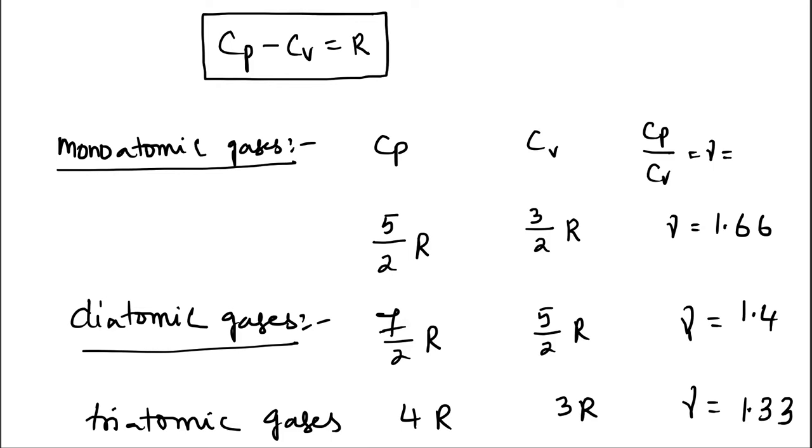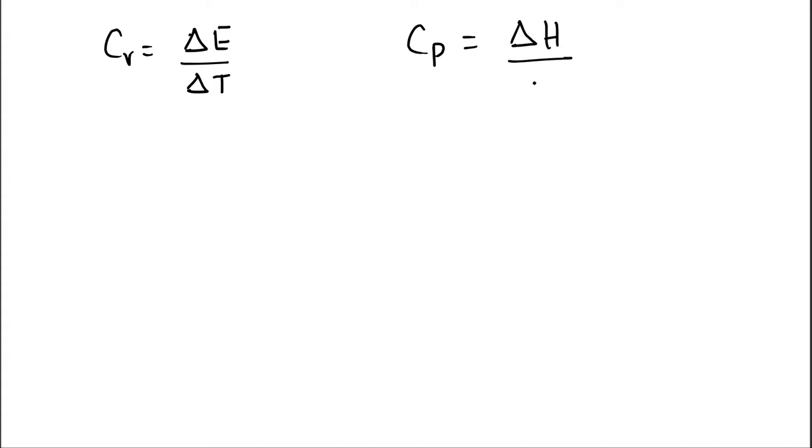Okay, now we learned the heat changes at constant volume result in the internal energy change, and heat changes at constant pressure result in the enthalpy change. So we learned Cv equal to delta E over delta T, and Cp as delta H over delta T. So what is this indicating here?